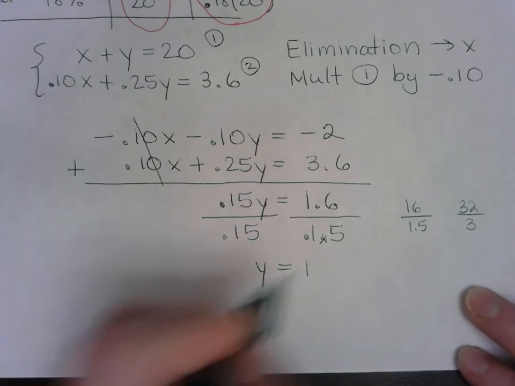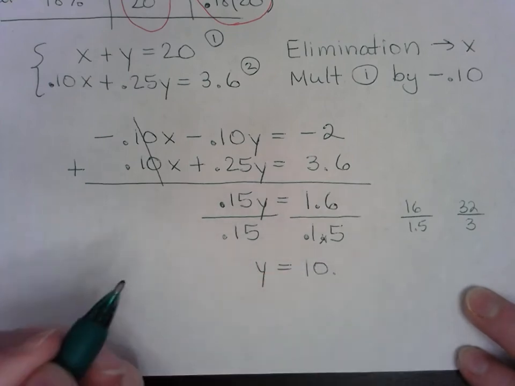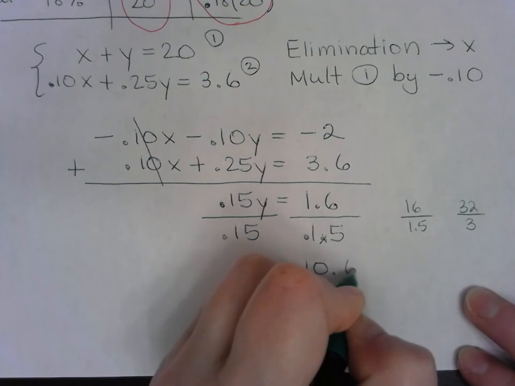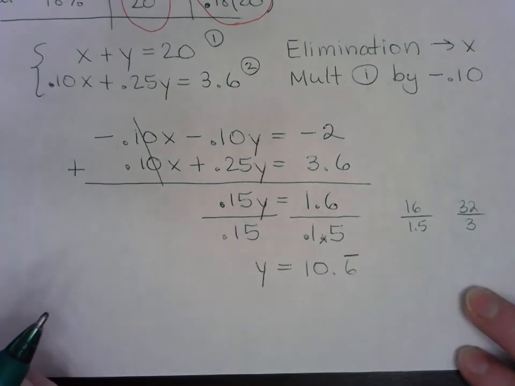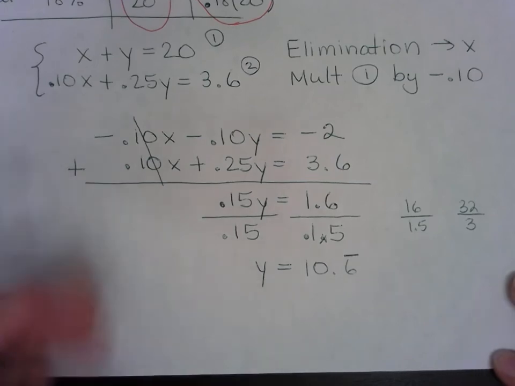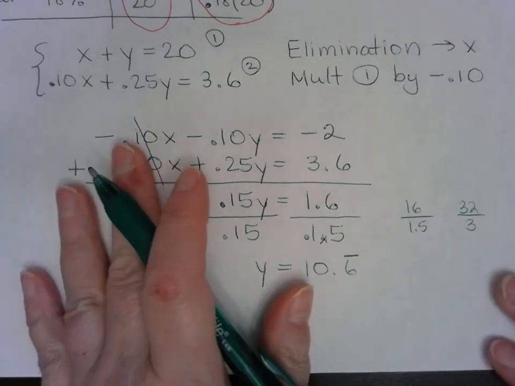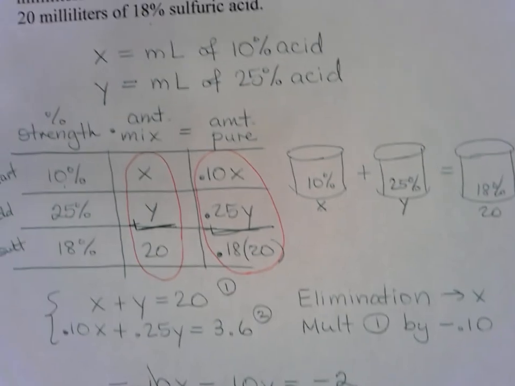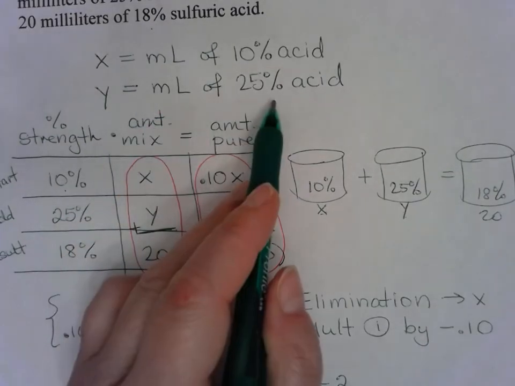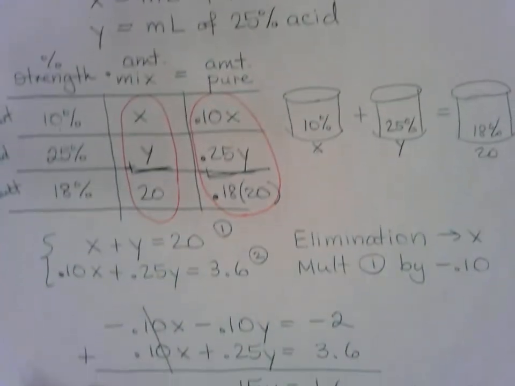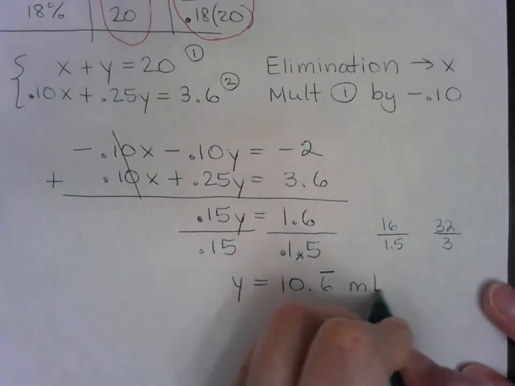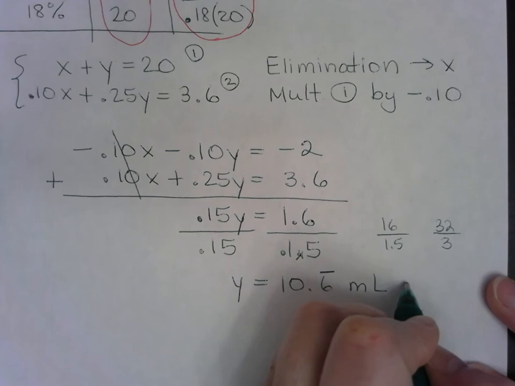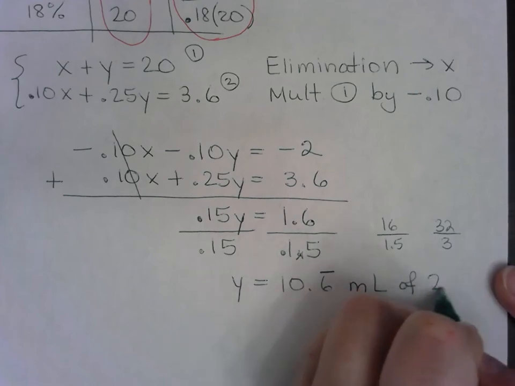So I'm going to get 10.666 repeating. Feel free to check my math on that one. Remember what y is. y represents the milliliters of 25% acid. So 10.6 milliliters of 25%.